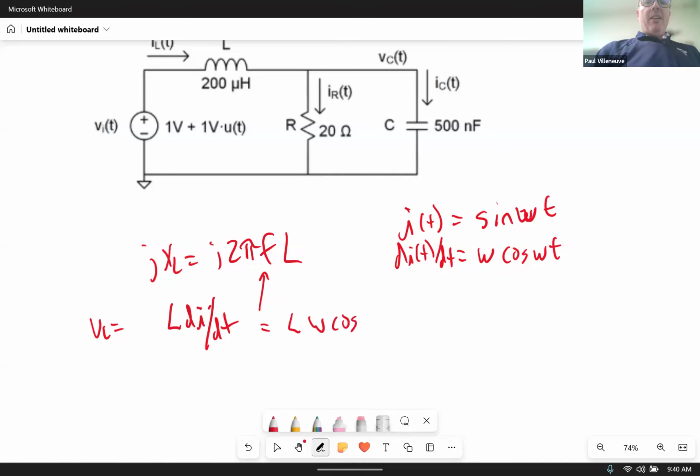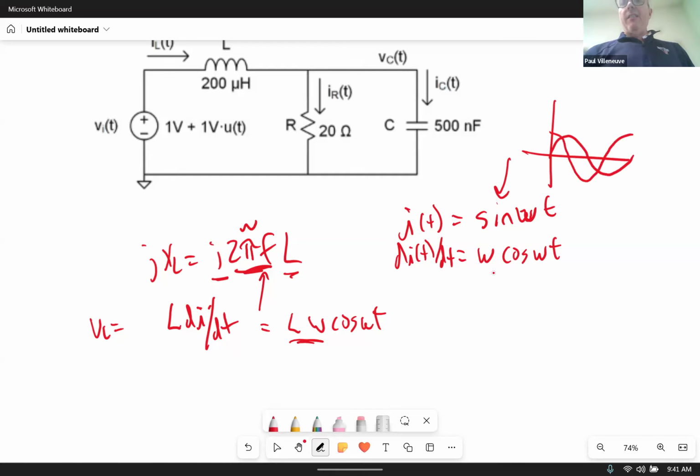Well, we have our omega term here. That looks good. We have our L. We also have a j term in here. Where does the j term come from? Well, the problem is the sine wave is our reference. That does this, right? Our cosine wave does this, right?